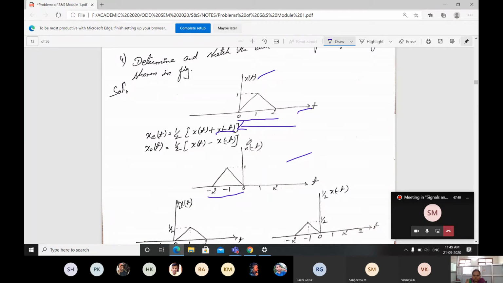Here you can go with two steps. First you can multiply 1 by 2 for the x of t and also for the x of minus t, then you can add.